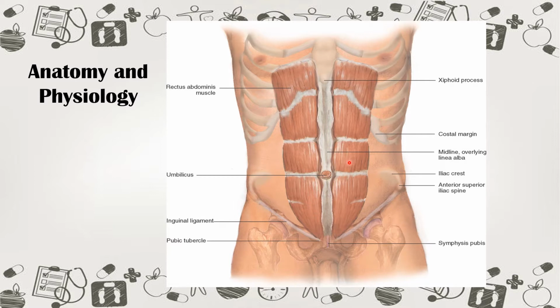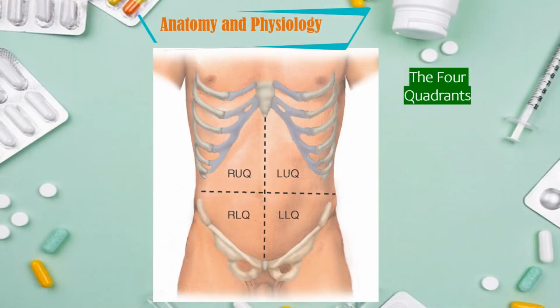Your landmarks of the abdominal wall and the pelvis are illustrated in this picture. The rectus abdominis muscle becomes more prominent when the patient raises the head and the shoulders from the supine position. Those are the parts of the outer abdomen.